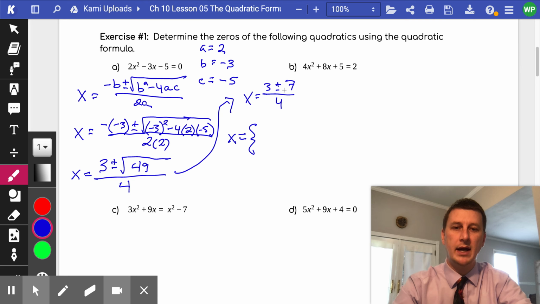We have 3 minus 7. That's negative 4 divided by 4 would give us negative 1 as one of our solutions. And then 3 plus 7 is 10, and 10 divided by 4 is 2.5, which is the second one of our solutions. So you have two solutions here, or roots, or x-intercepts of this parabola, and those two intercepts are negative 1 and 2.5.